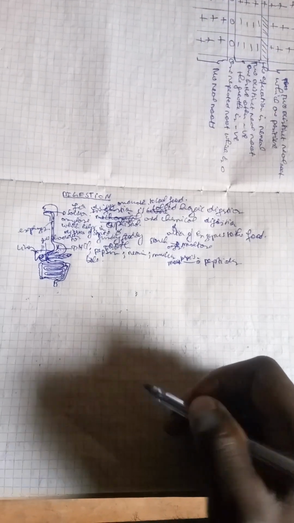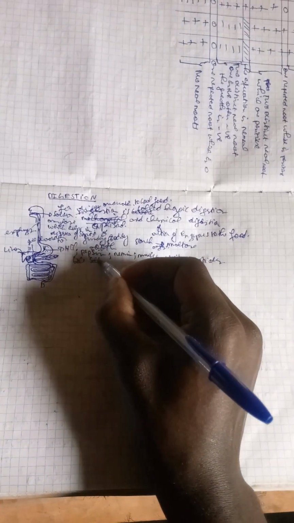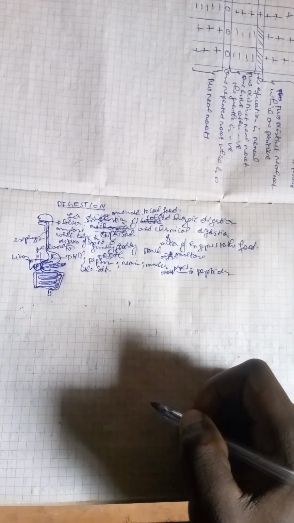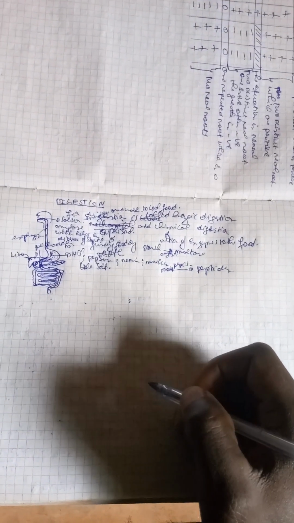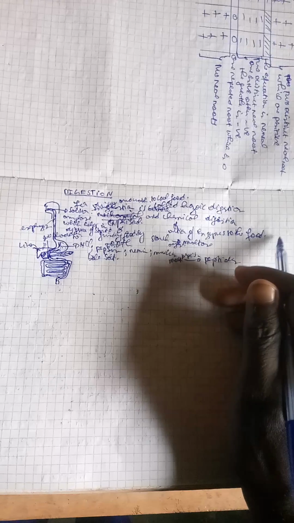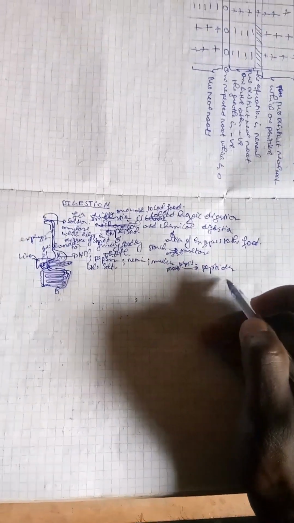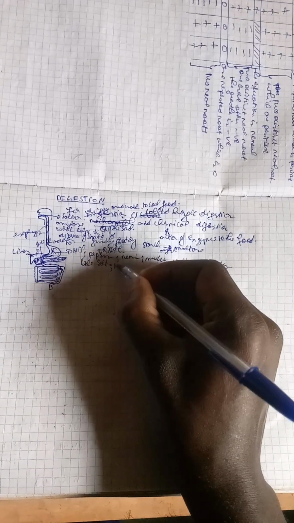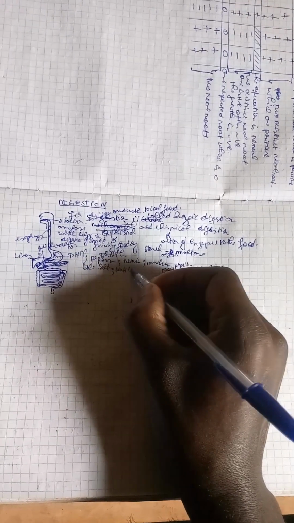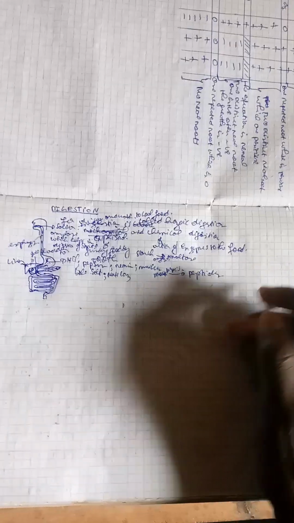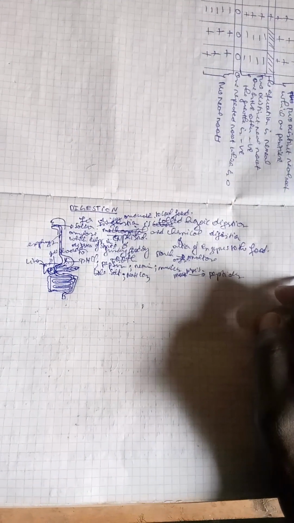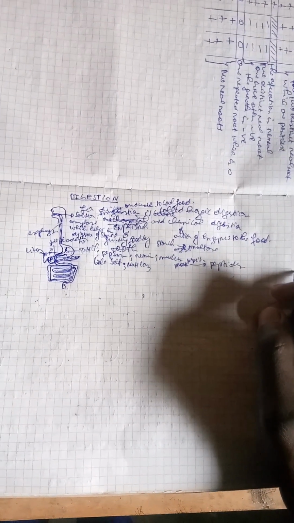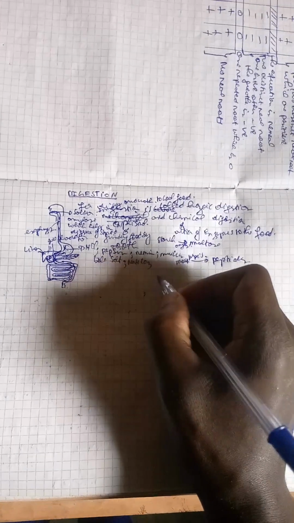It contains bile salt to emulsify lipids. It contains sodium hydrogen carbonate to maintain the pH of the duodenum for some enzymes to work.